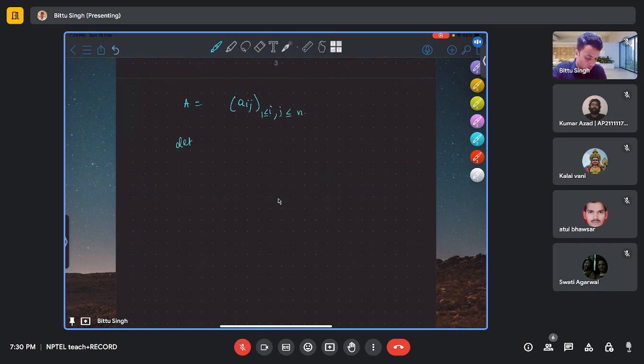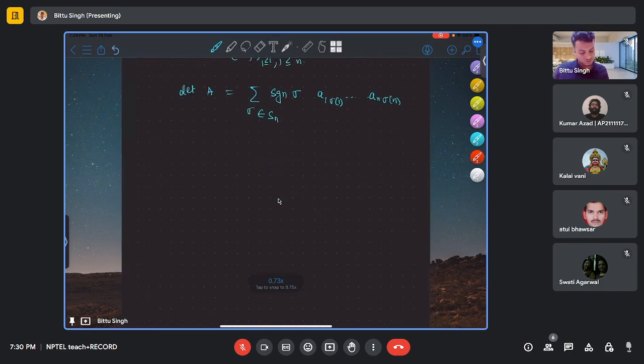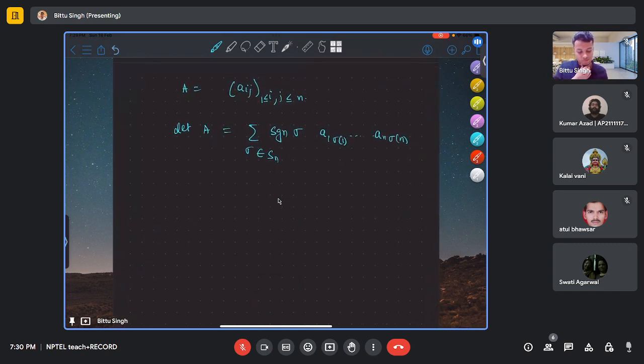Then determinant of A, you can write it by this formula: sum of minus 1 to the power, it is sign of the sigma, times a1 sigma 1 up to an sigma n, where sigma belongs to permutations of n letters. This is the definition of determinant.